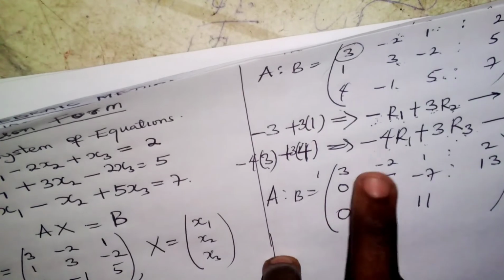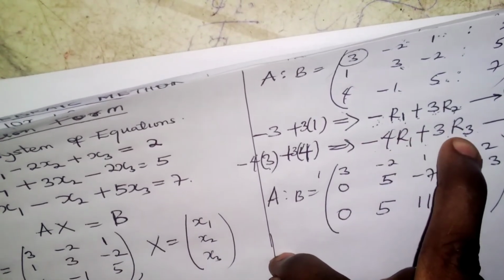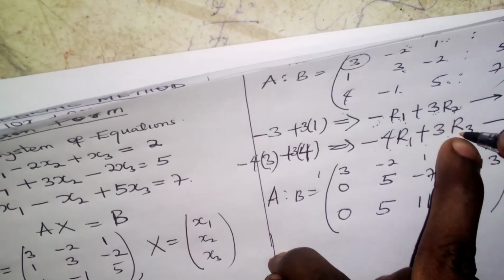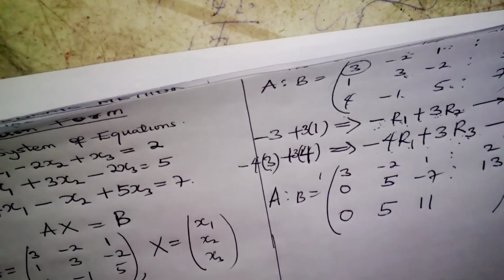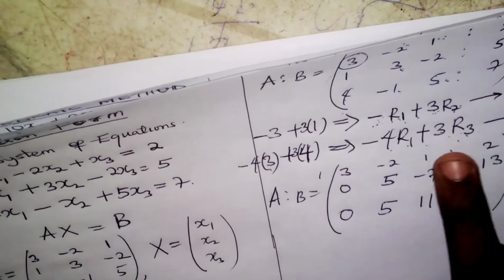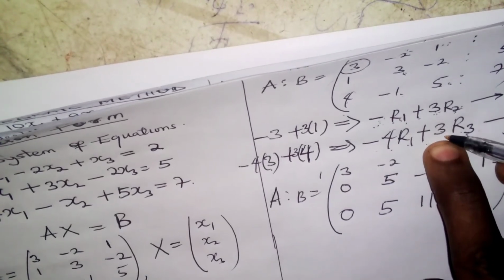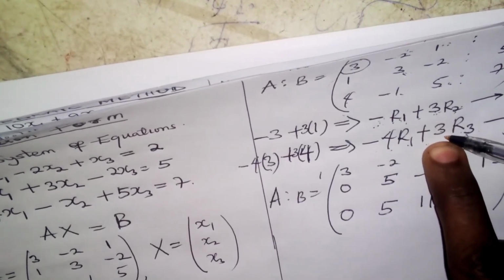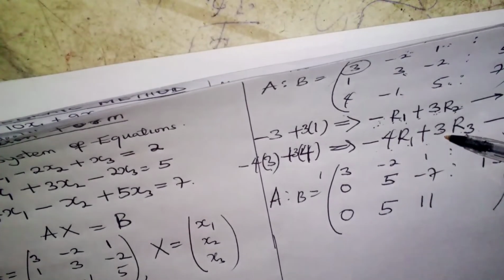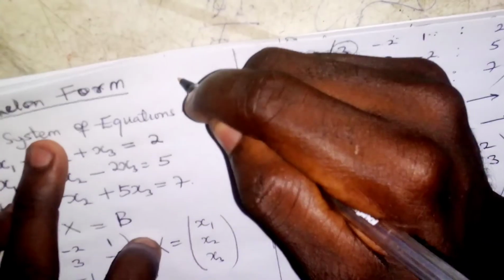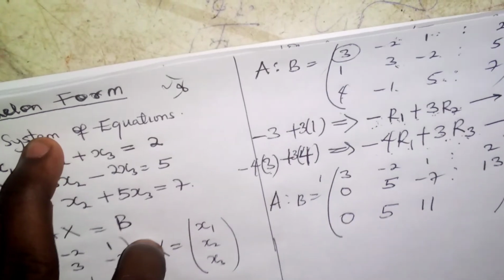Then lastly, 2 into this will be what? Minus 8. Plus 3 times 7, which is 21. Then minus 8 from 21.